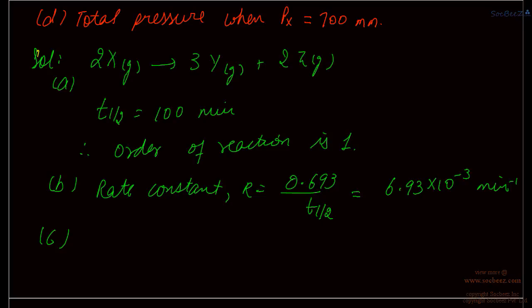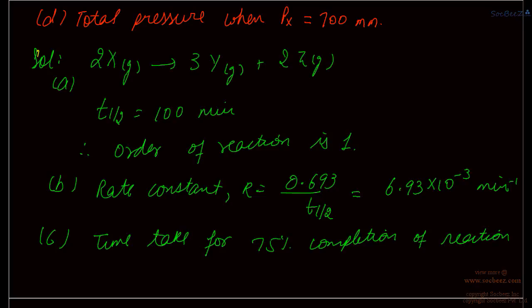Okay. So now time taken for 75% completion of reaction. Now 75% completion of reaction means that only 25% of X is left, that is 3/4 gets consumed.